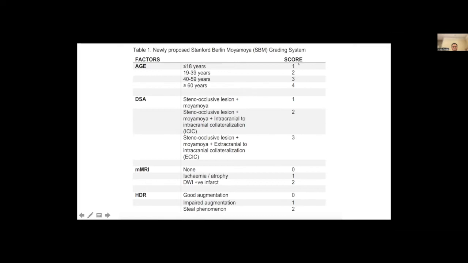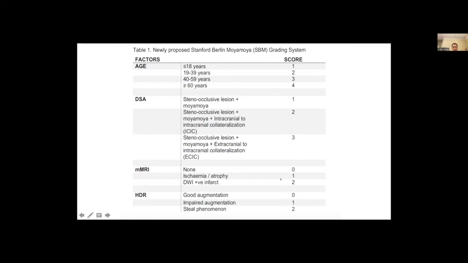The scores increase as the age groups get higher. Angiographic score, as I say, has 3 types: only steno-occlusive disease; if the patient has ICIC collateralization, they get 2 points; if they already have pre-existing ECIC collateralization, they get 3 points.